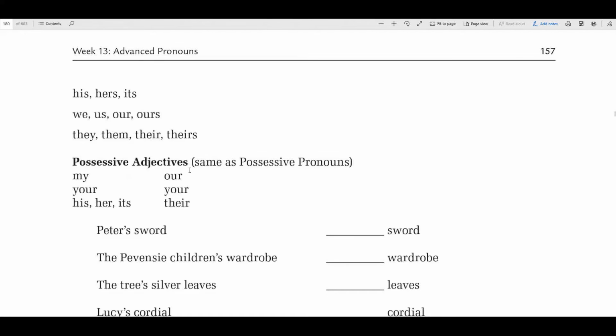So a possessive adjective, which is the same as a possessive pronoun: my, your, his, her, its, our, your, and their. The reason that these are possessive adjectives is because remember what is one of the questions an adjective answers? Whose. Remember? An adjective answers whose, and all of these answer whose. So they are possessive adjectives as well as possessive pronouns.